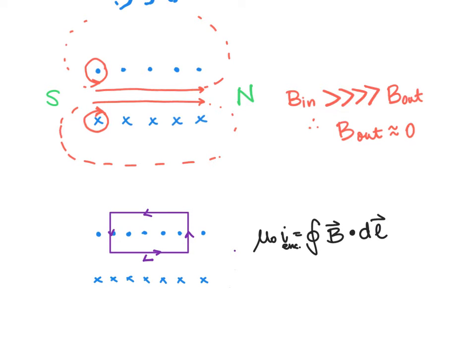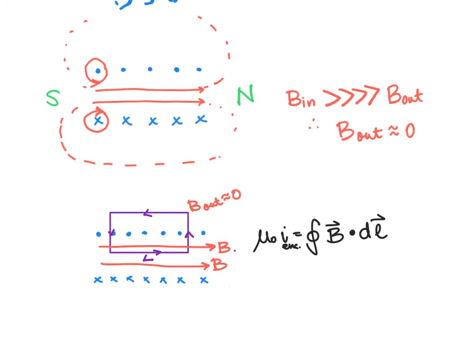The magnetic field inside the solenoid, remember, is very strong, and it's pointed in this direction here. All along here, this magnetic field is very strong. And then outside, the magnetic field, remember, is approximately zero.